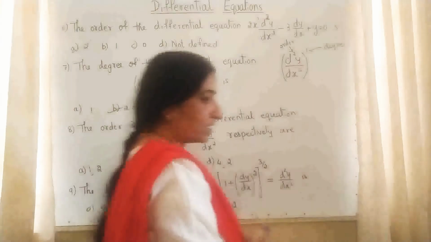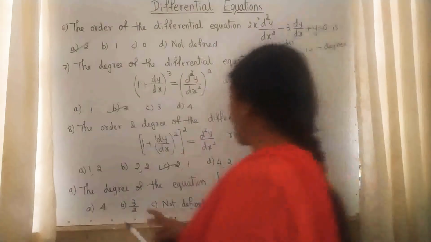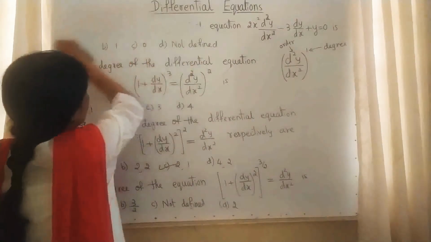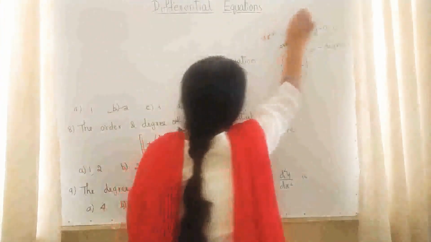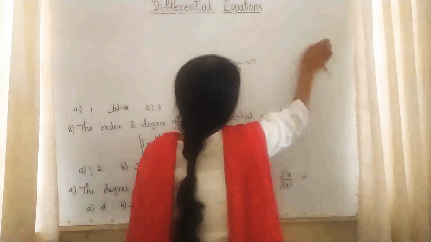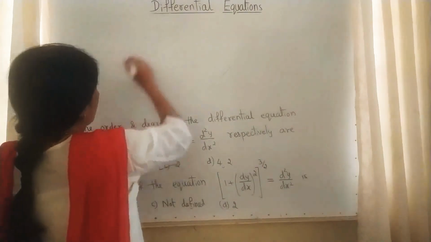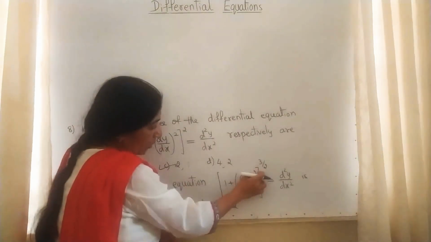So moving to the next example, the degree of the differential equation. As I told you, to write the degree, first we have to check whether a fraction is present in the power. If a fraction is present, try to solve that. Solve means don't rub it out. Here the power is 3 by 2.